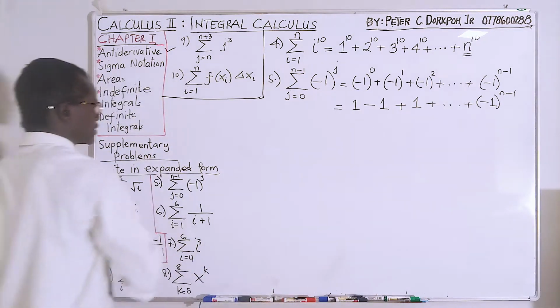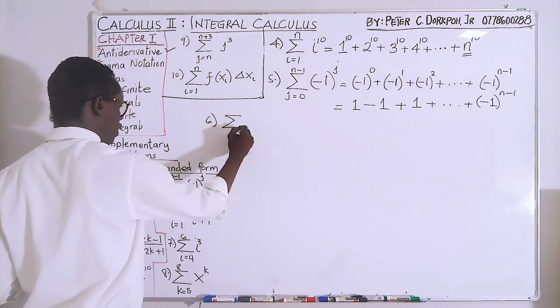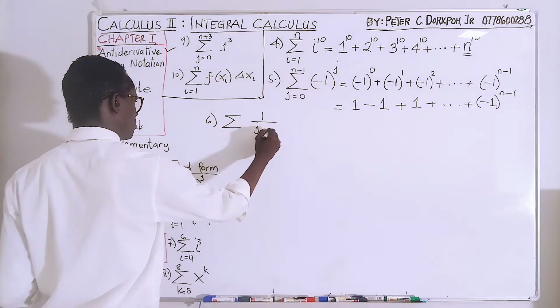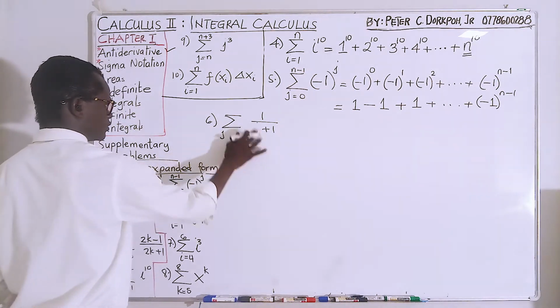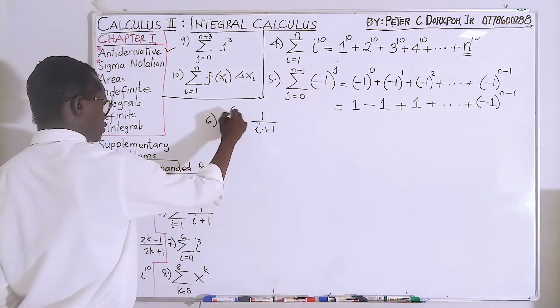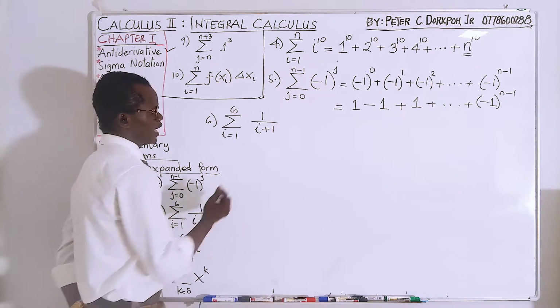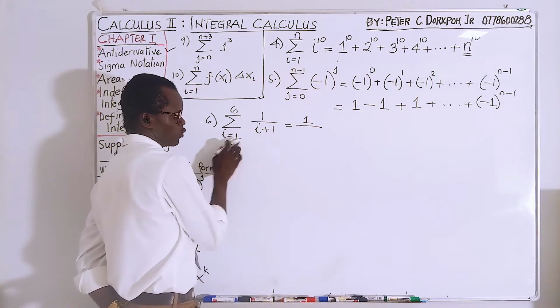We have question 6 to be the summation of 1 over r plus 1 as r leaves from 1 to 6. So what do we have? We can expand this thing now. We have 1 all over, we start with 1.